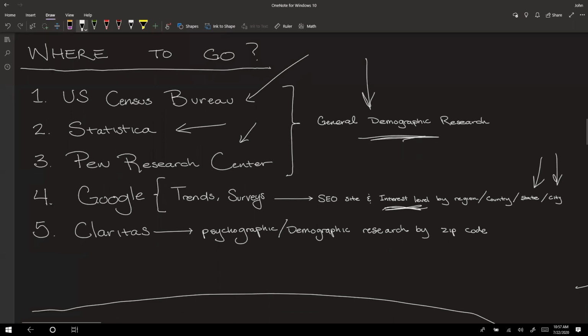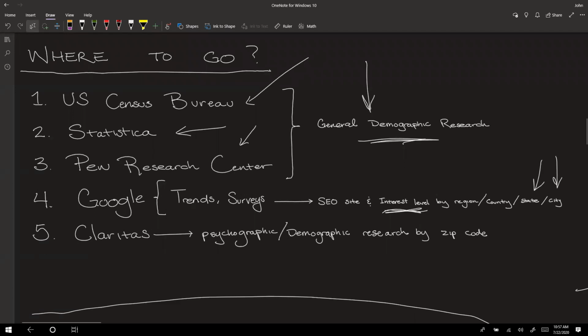All right, and then the last one is Claritas. This looks at psychographic research and demographic research by zip code. So if you type in a certain zip code of a certain region, it tells you a crazy amount of information.